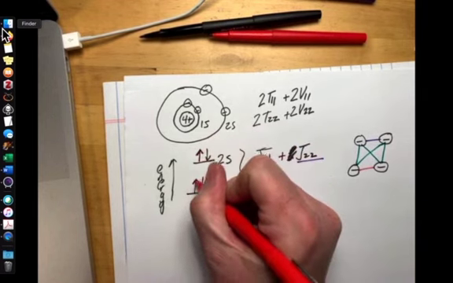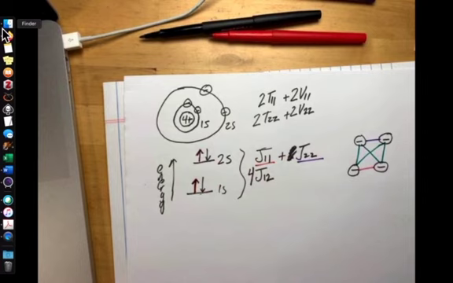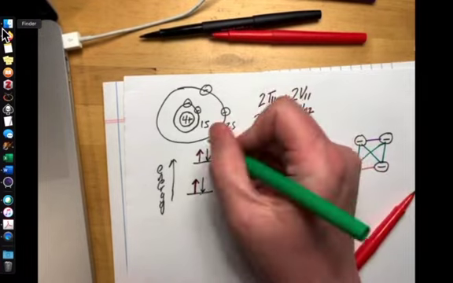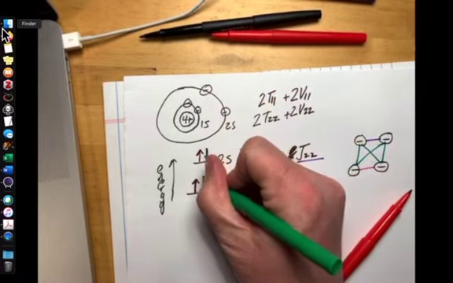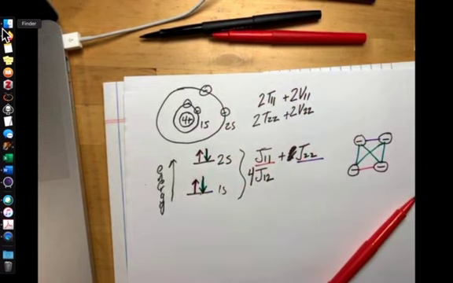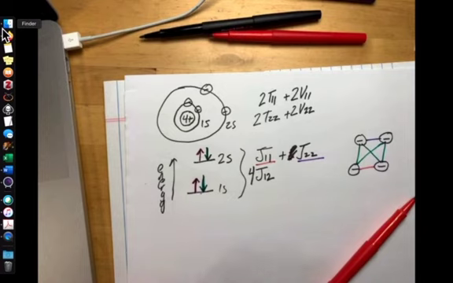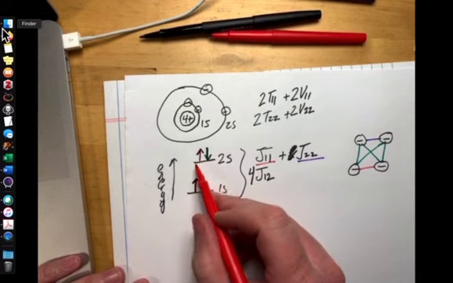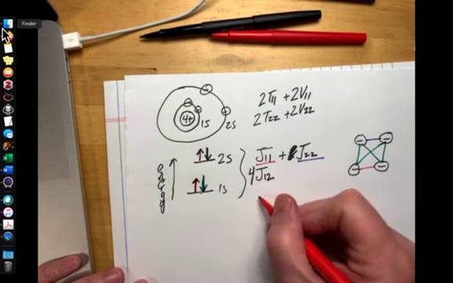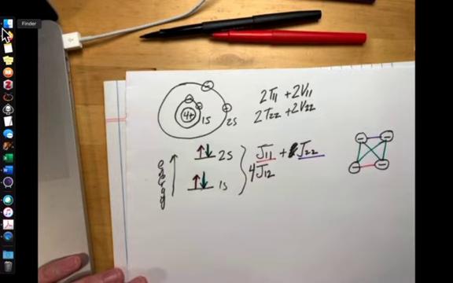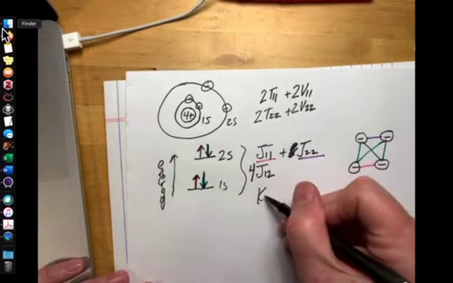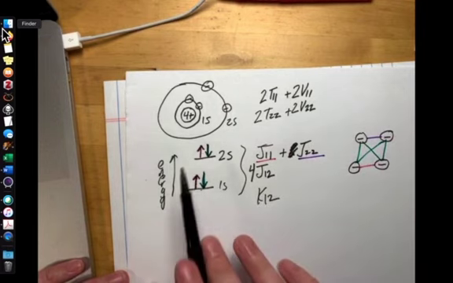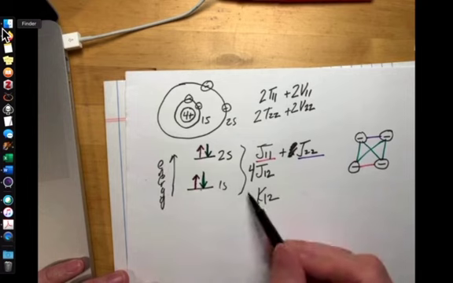It ends up that the up electron with the up electron and the down electron with the down electron, they're very good at avoiding each other in space. And so we get two more interactions here. So this 1s up with this 2s up gets a term that we call K12. So this up with this up gets a K12, and then this down with this down gets a K12.